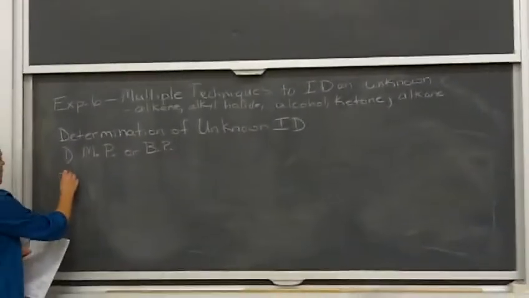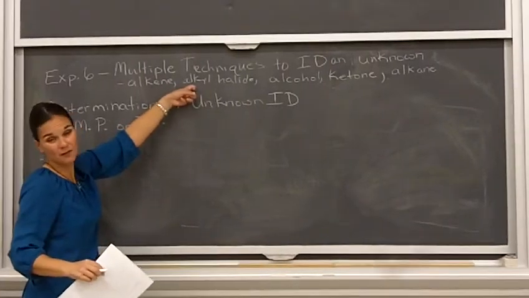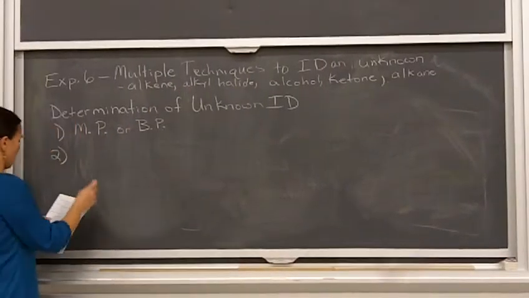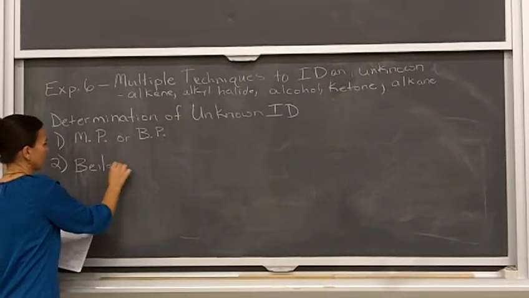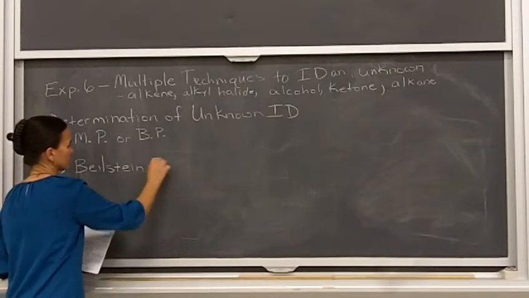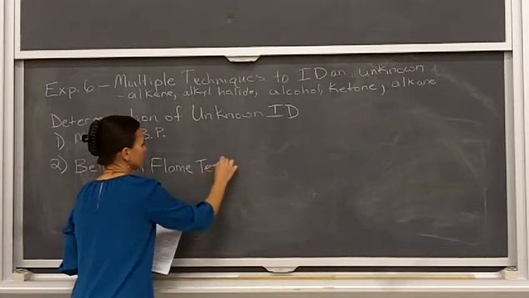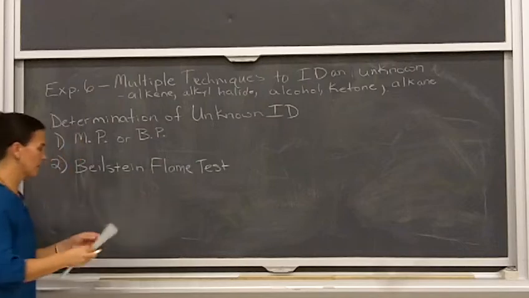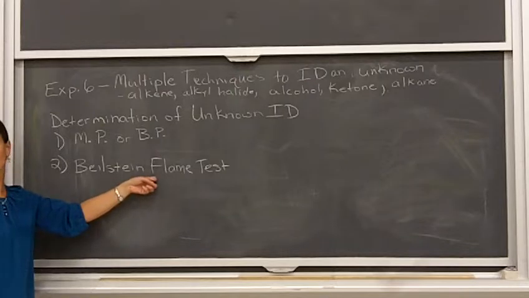Another test that we're going to do is we've got to figure out if you have a halogen or not to determine if you have an alkyl halide or not. And so what we're using is what's called the Beilstein flame test. And so you're using a copper wire, so different than what you used in Gen Chem when you were trying to figure out the metals present with the flame test.